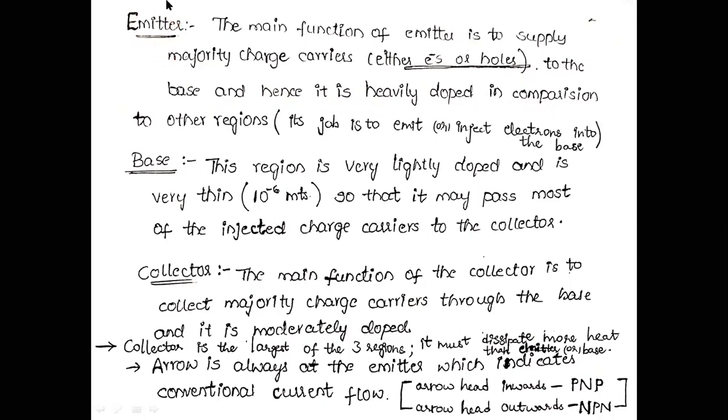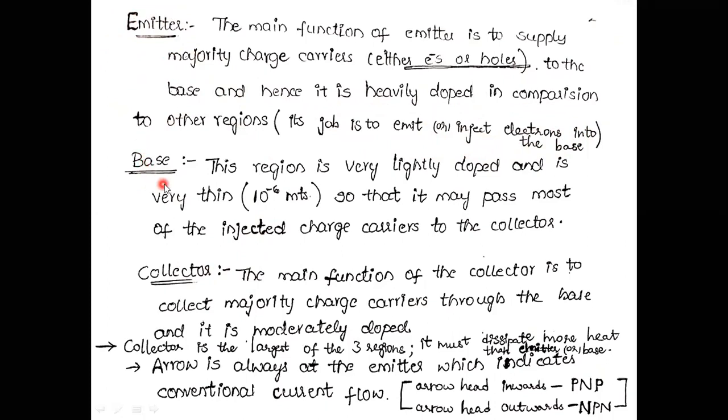Among the three layers, the emitter is heavily doped when compared to the other regions. Its job is to emit or inject electrons into the base. That is the basic function of the emitter.